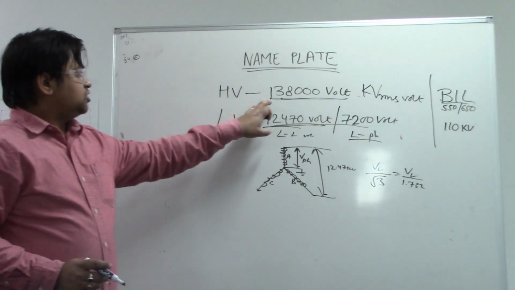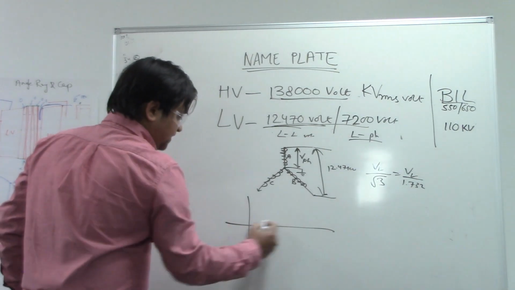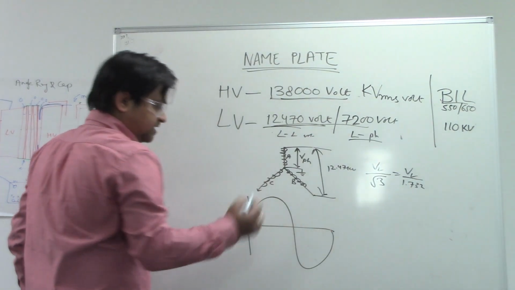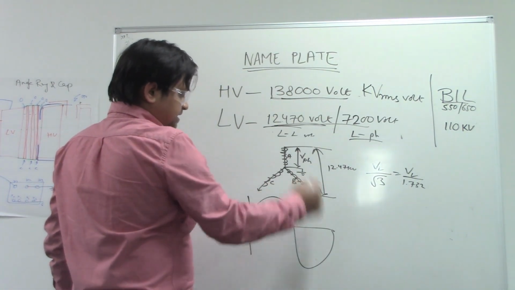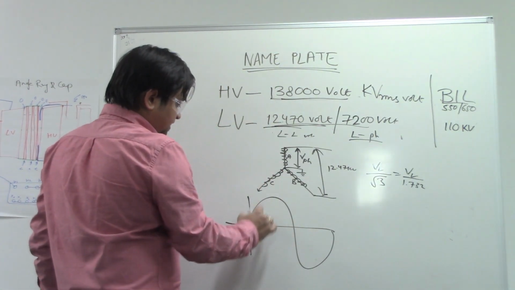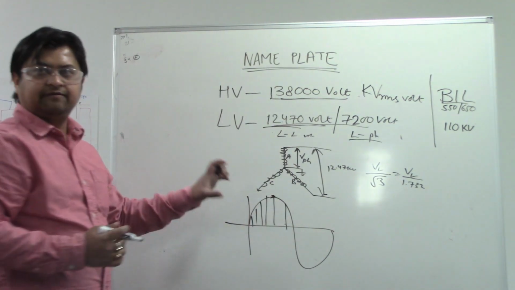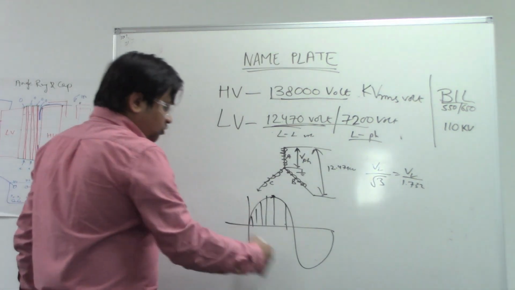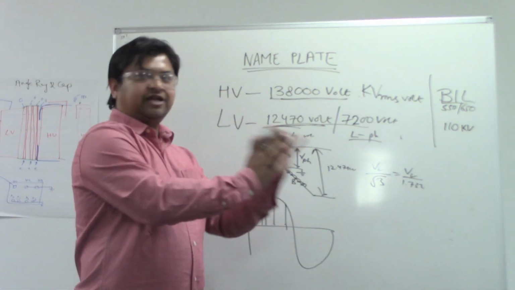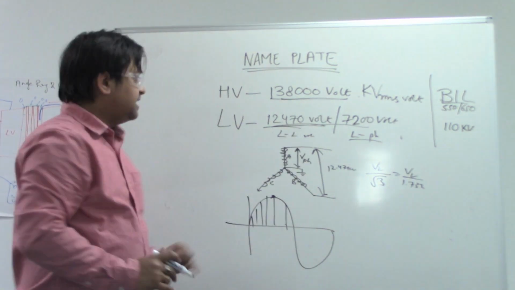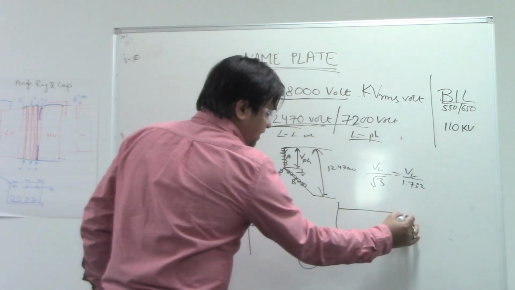So what is kV RMS? Whenever you have a sine wave like this, these are all sinusoidal waves, right? This wave has a different peak at different times. Peak means the amplitude, the value of it. But overall, if you want to see the average energy, you convert this wave to a form of kind of DC wave.